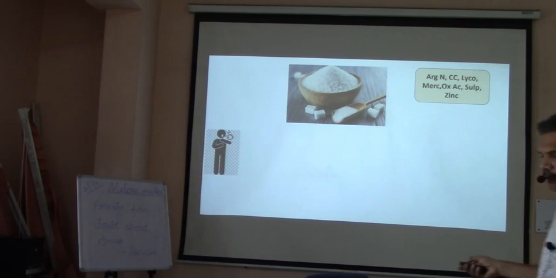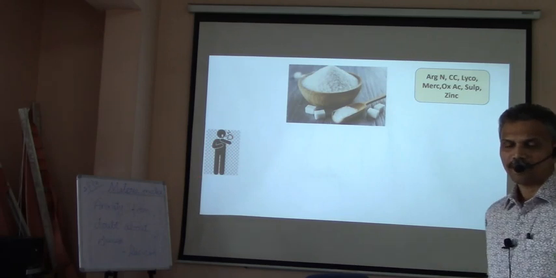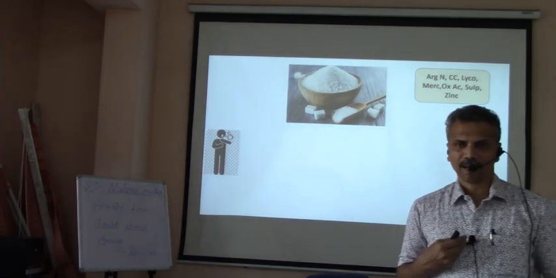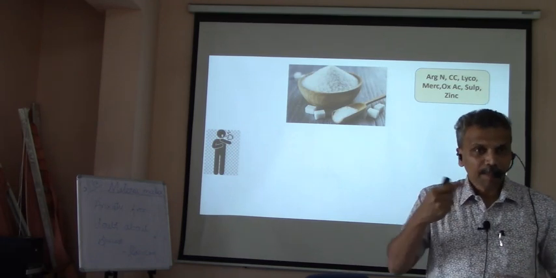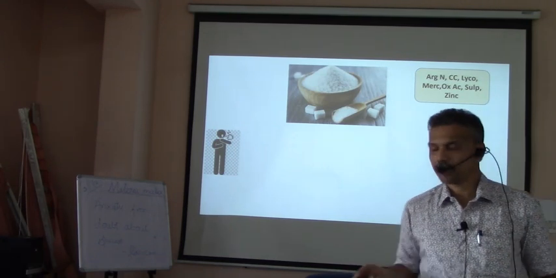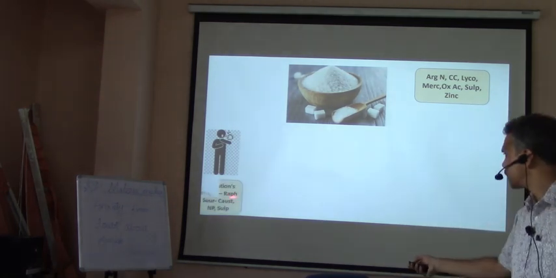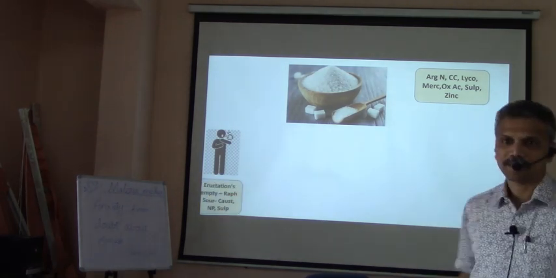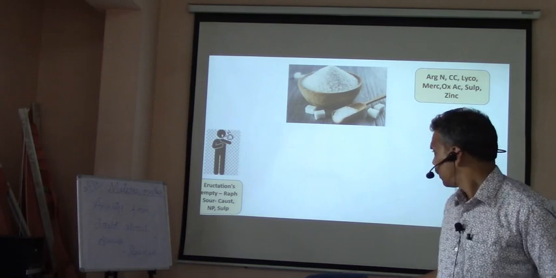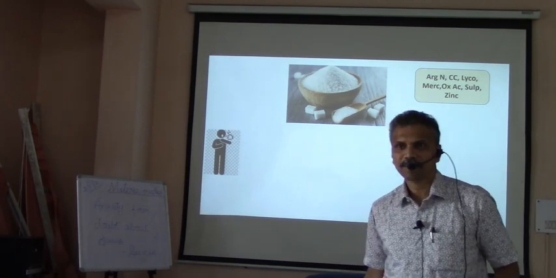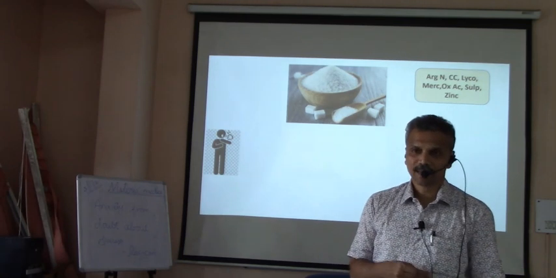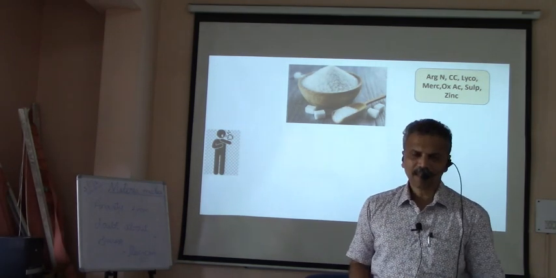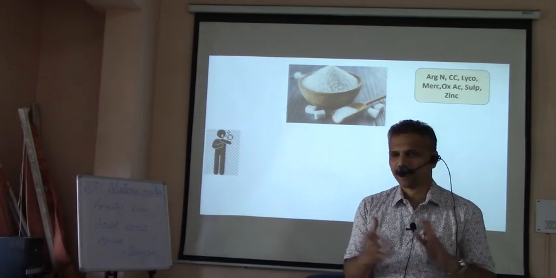See, when a person after taking sugar complains of empty belching, then the remedy is Raphanus. What else do you have in Raphanus? What else? Incarcerated flatus, good. I had recently given Raphanus to a man.